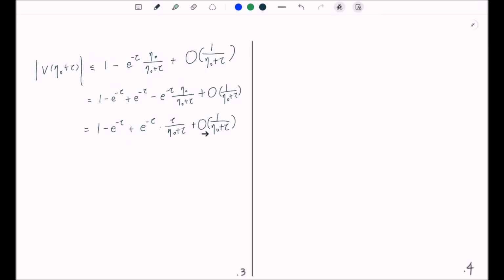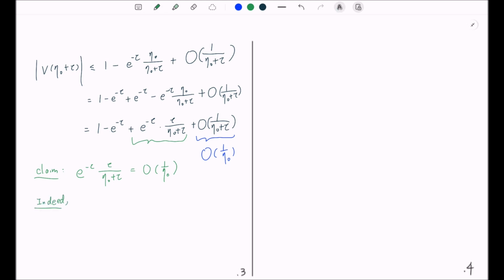Now let's focus on these two terms. First, it's easy to see that this part is a big O of 1 over eta naught. This is simply because this 1 over eta naught plus tau is bounded by 1 over eta naught, since tau is non-negative. Now what about this part? I claim this part is also a big O of 1 over eta naught. And let's simply check this by definition.